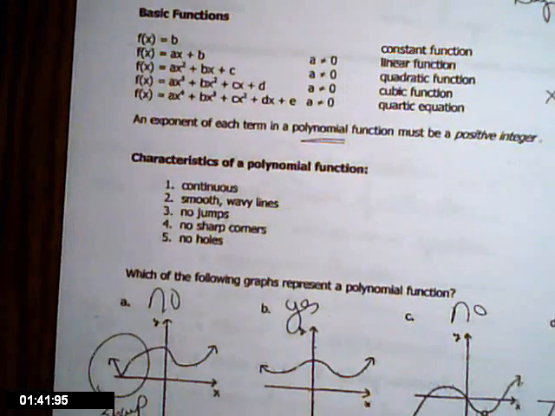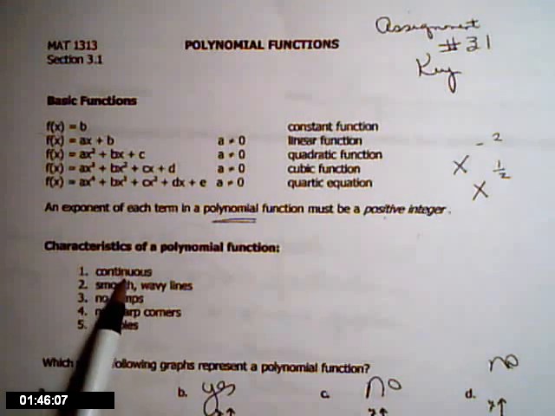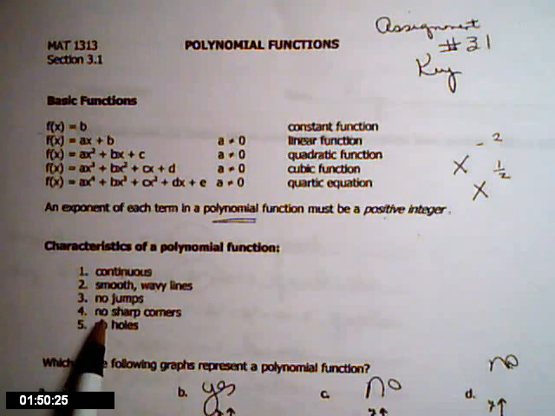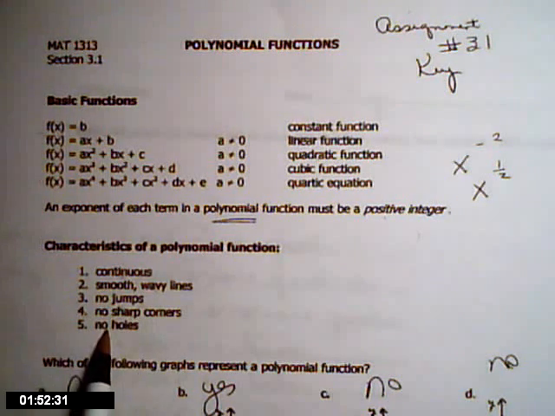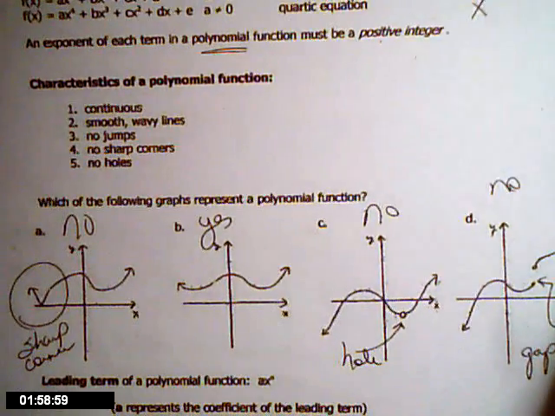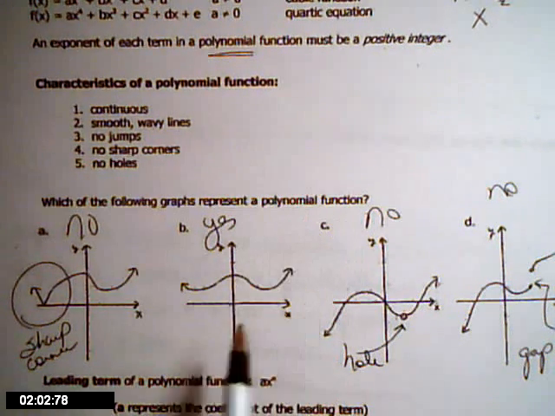Some characteristics of polynomial functions are that they are continuous, smooth wavy lines. There are no jumps, no sharp corners, and no holes once you graph these things. Looking at 4 examples here, which graphs are polynomial functions?